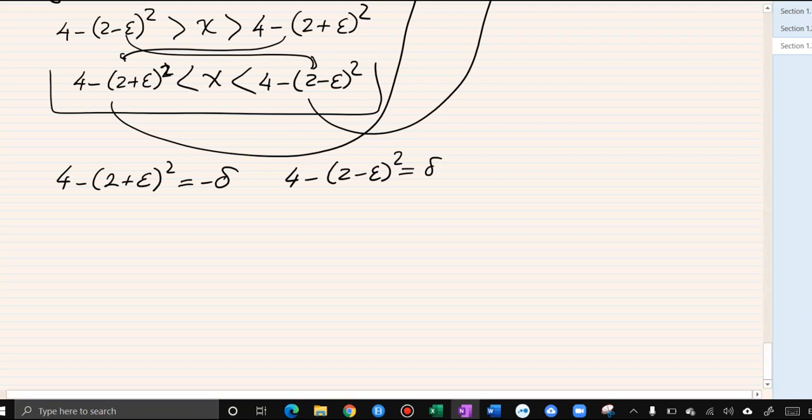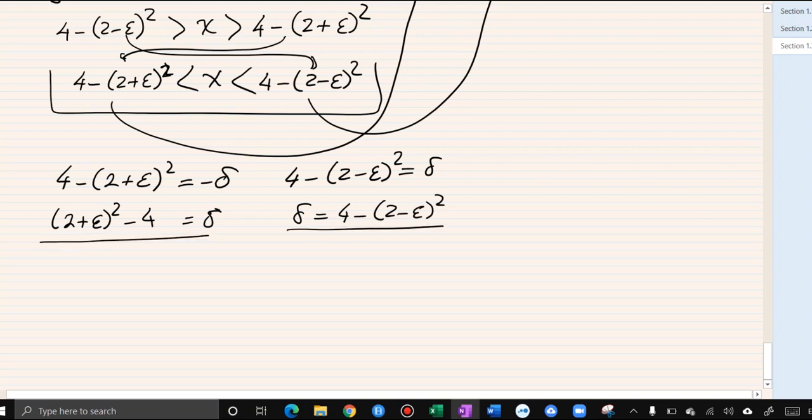In the first equation, multiply both sides by negative. So you get (2 plus epsilon) squared minus 4. That is solved, right? And then the other one is already solved for delta. Delta is 4 minus (2 minus epsilon) squared. And now we have 2 to choose from. So what are we going to do?